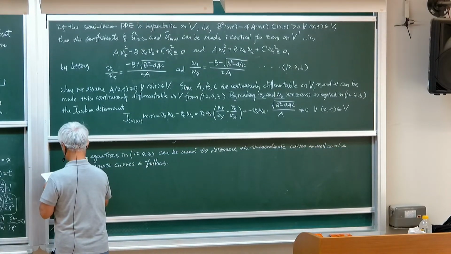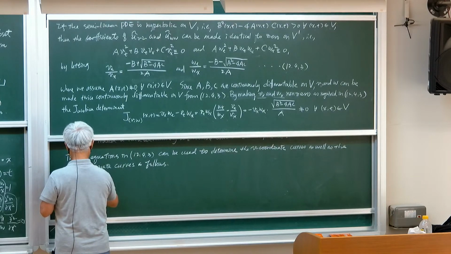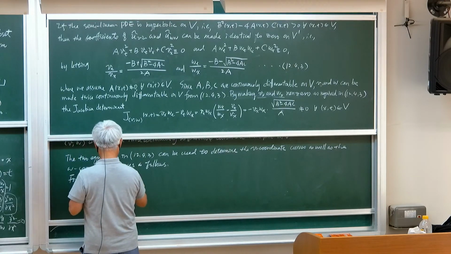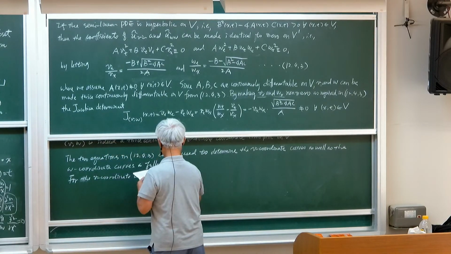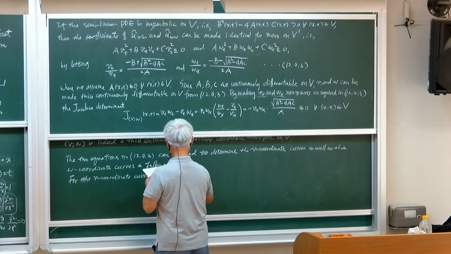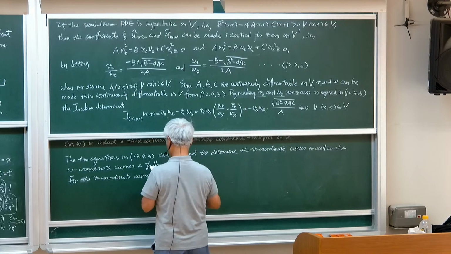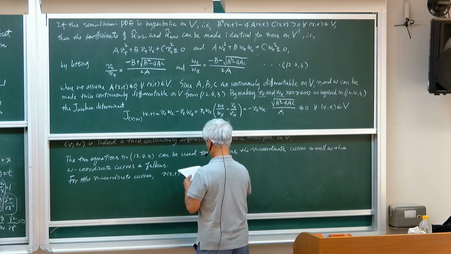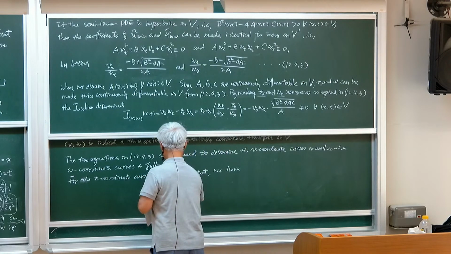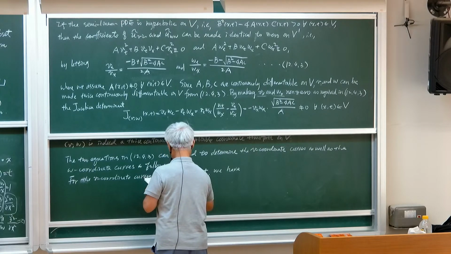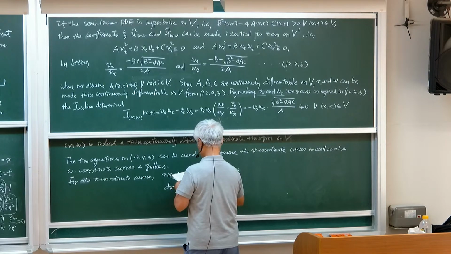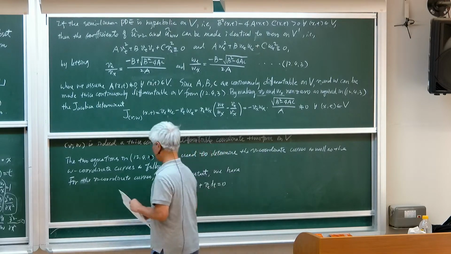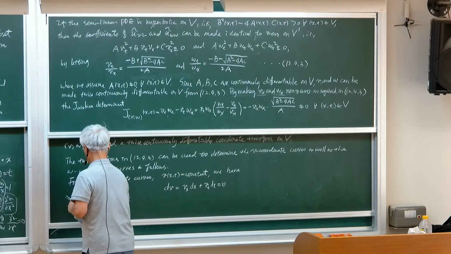Alright, so for the v coordinate curves, v of x, t is constant. So by taking the total differential, dv is equal to v sub x dx plus v sub t dt equal to 0.